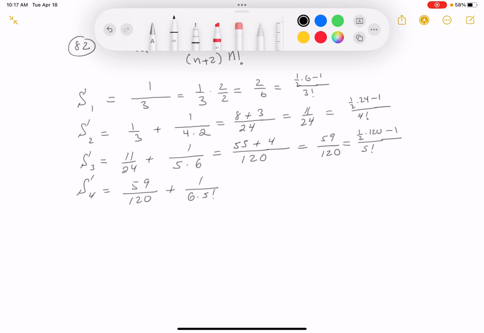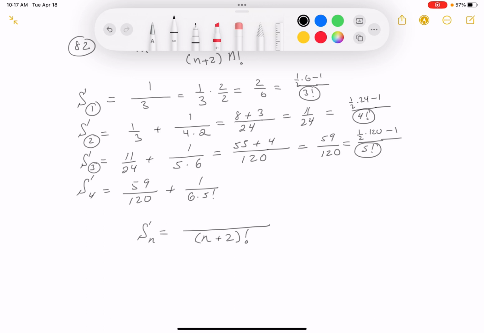I'll write this over here: the partial sum Sn. Let's see, the bottoms are 3, 4, 5, the factorials 2, 3, 4, 1, 2, 3. So what am I doing? It looks like I'm going up by 2, so the bottom looks like (n plus 2) factorial.